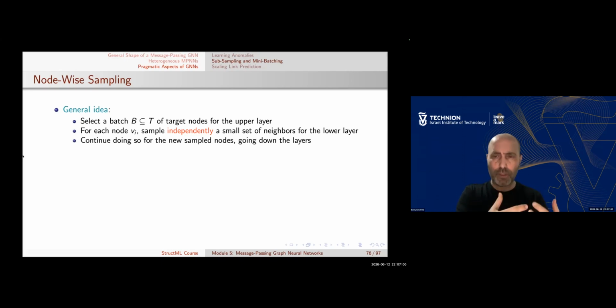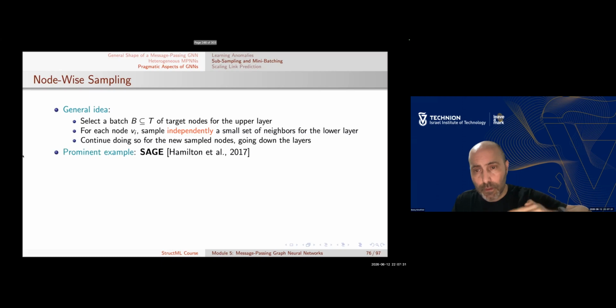Because when we apply the GNN, every layer aggregates information from neighbors, assuming that they went through the lower layers, the previous layers. So that's why we sample neighbors from the higher level to the lower levels, not the natural way, the backward way, not the forward way. Okay, and you continue sampling nodes until we reach the input layer.